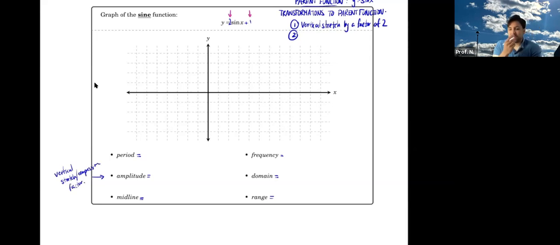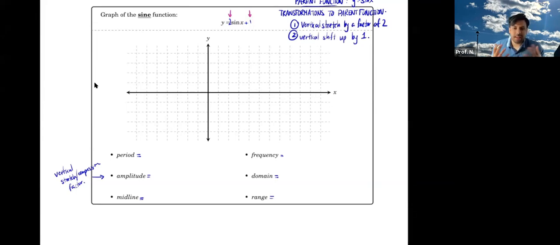And then what is the 1 going to do? What kind of transformation is the 1, the plus 1? It's up by 1, right? So it's a vertical shift. It's a vertical shift up by 1. Now, what is that going to affect? The vertical shift up. Is that going to affect the period? Is that going to affect the midline?